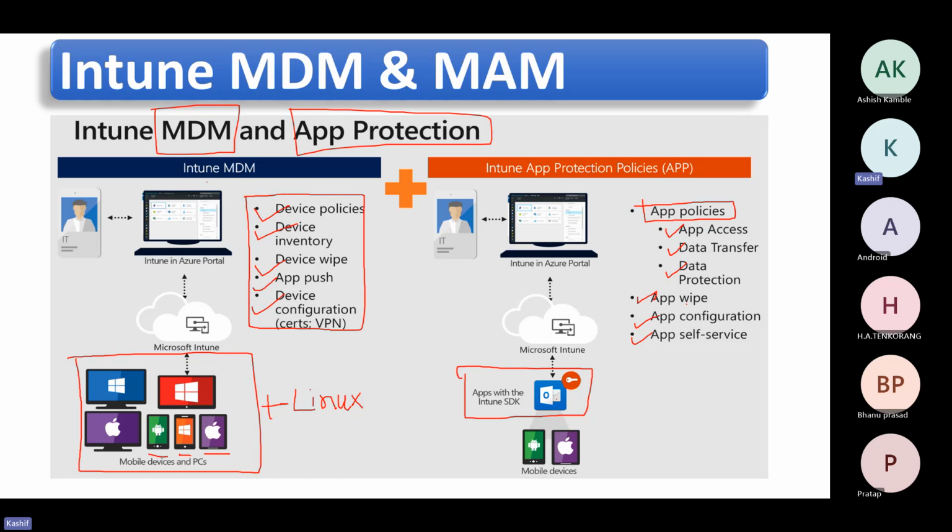On your mobile devices, how Outlook will behave, how it will open, what will be the security features. If it opens, will it ask for any password or PIN? In case the device is lost, how will we deploy the policy to wipe out the data? We can completely control the devices and the applications using Intune. So Intune is basically going to control all the devices you have in your organization.